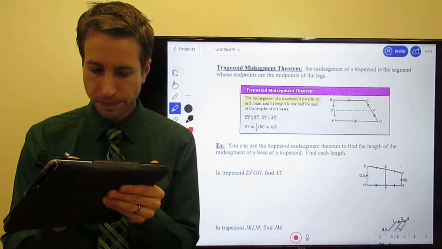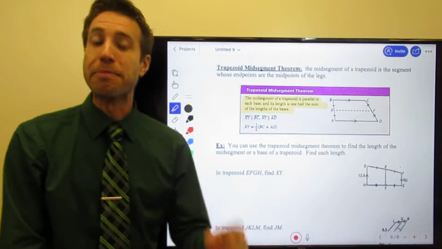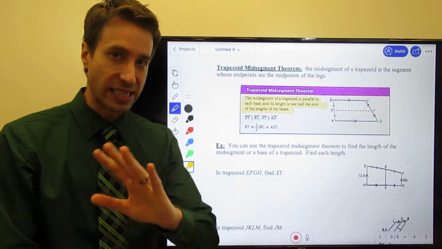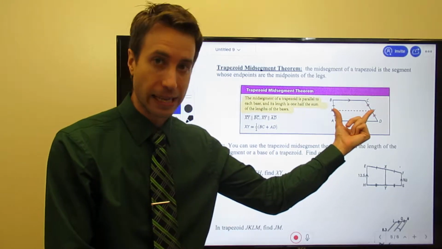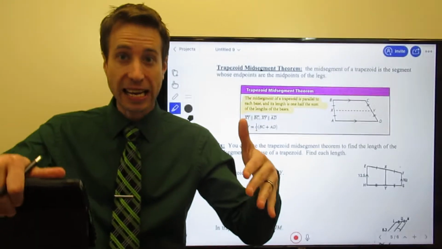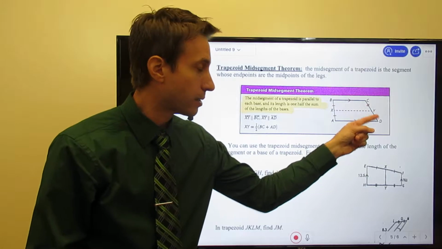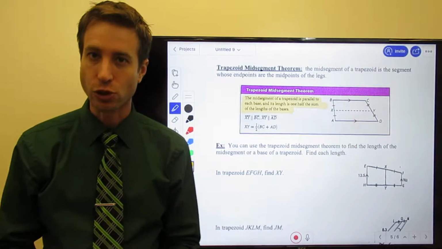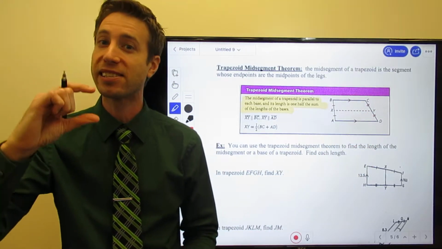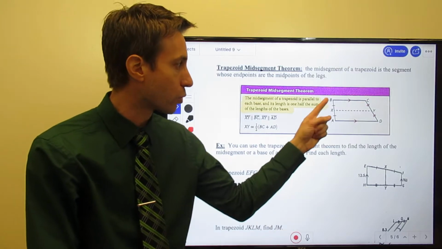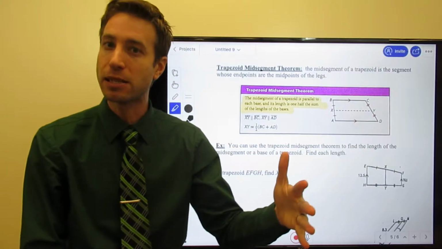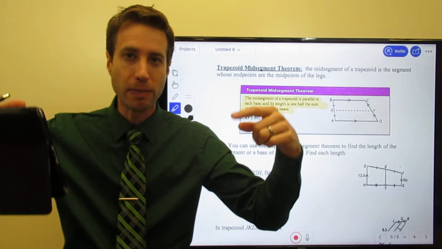All it says is this. The mid-segment of a trapezoid is simply going to be a line that connects the midpoint of each of the legs, right? So you're going to find the point that bisects the legs of your trapezoid. This leg and this leg, find its midpoint, and then connect those two midpoints.